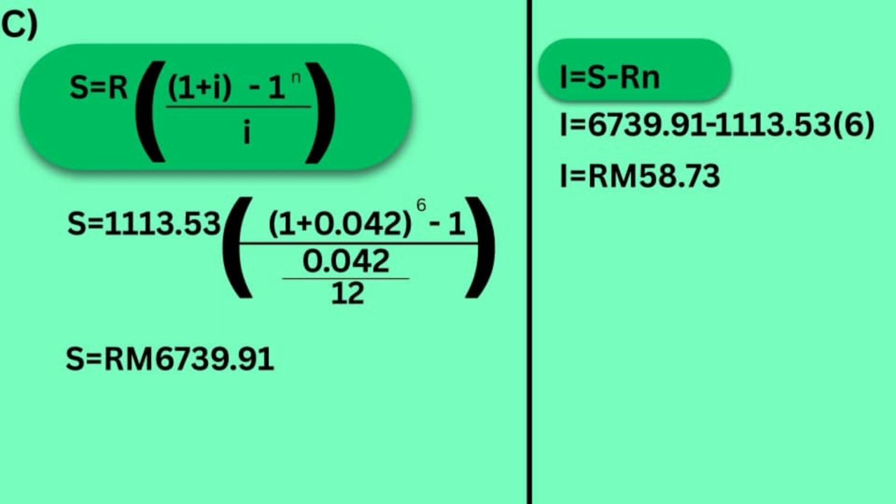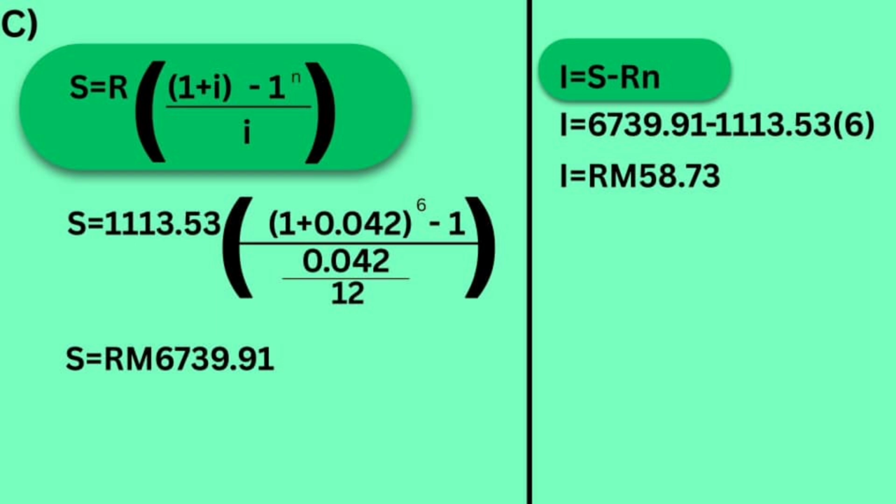For question C, we need to find the 6th repayment and the interest charged on a late payment. For this situation, we will use n equals 6 because we want to find the amount of the first 5 repayments that she has not paid. The formula we are going to use is S equals R times open bracket 1 plus i close bracket to the power of n minus 1 over i. Then substitute it into the formula.